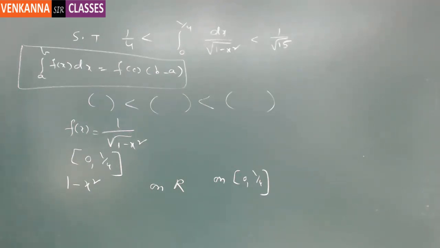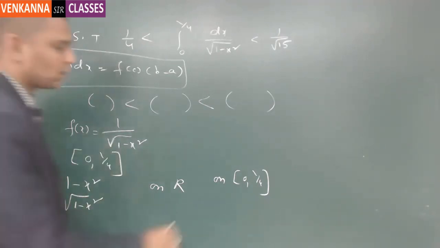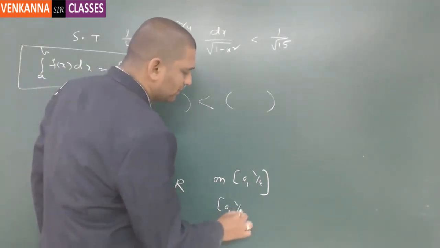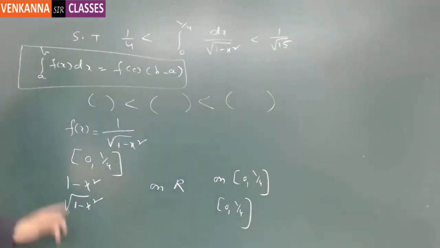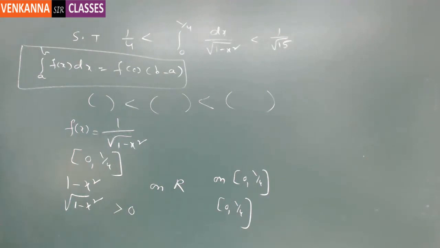Right. So therefore root 1 minus x square is continuous on the closed interval 0 comma 1 by 4, and in particular its value is greater than 0, it is positive on the given interval. As we know, if f is continuous, its reciprocal 1 by f is also continuous, since the value of root of 1 minus x square is not equal to 0 on the given interval.